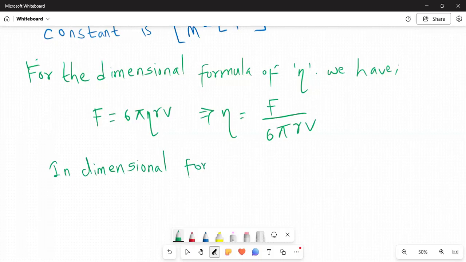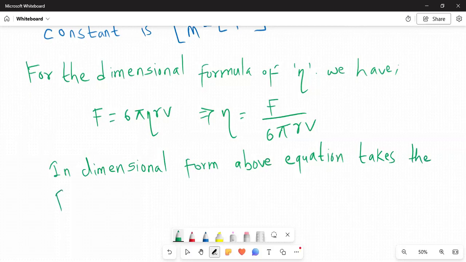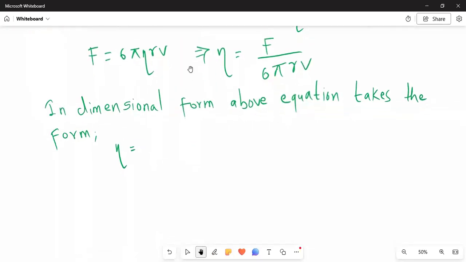And in dimensional form, the above equation takes the form eta equals, here F means force, so the force dimensional formula is M L T^-2.